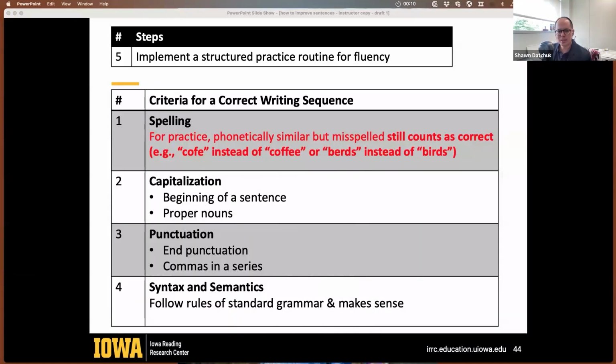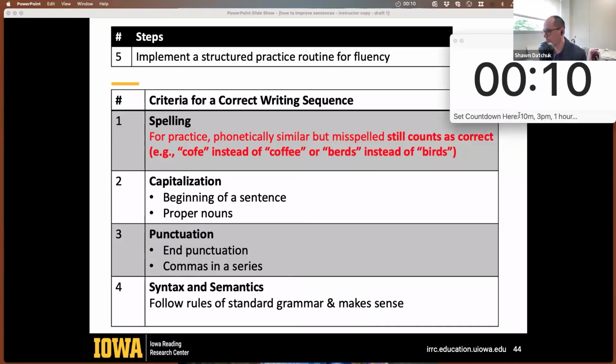Uh-oh, looks like that is on there. Okay, here we go. And then I'll be right by the chat.